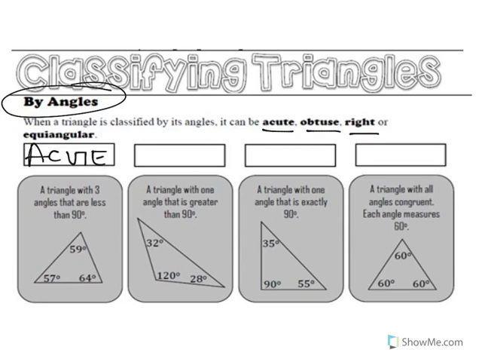A triangle with one angle that is greater than 90 is known as obtuse. And a triangle with one angle that is exactly 90 degrees, most of us know that as a right. And then this last one, which we don't use too often in terms of term, is called equiangular.